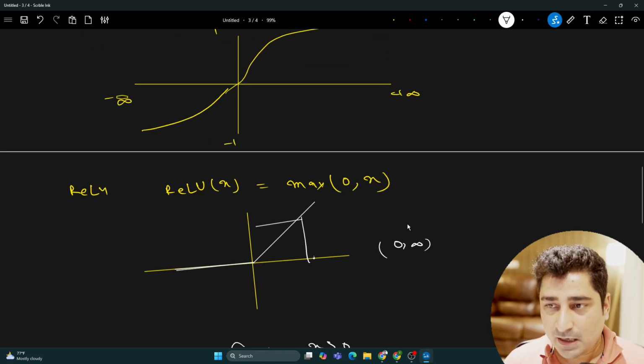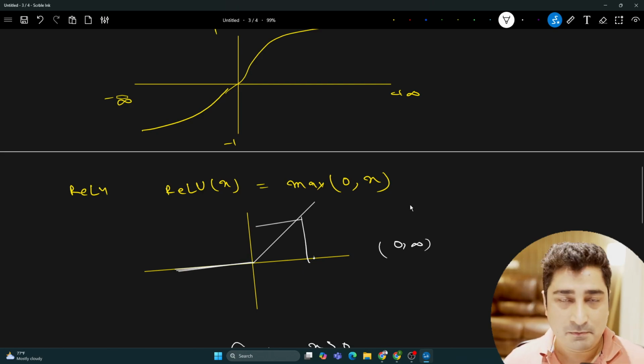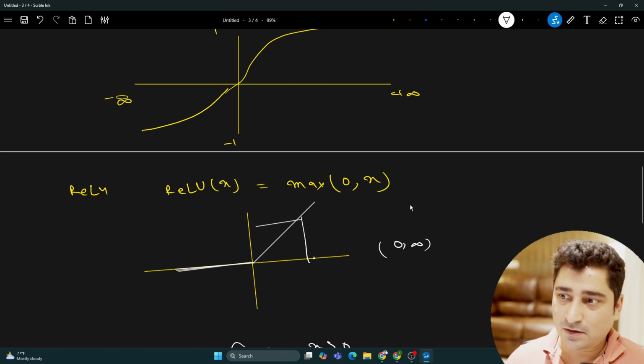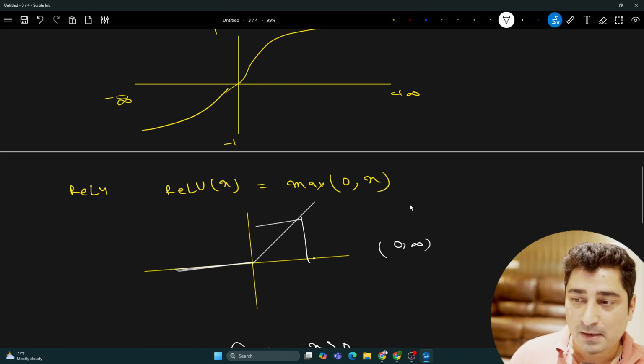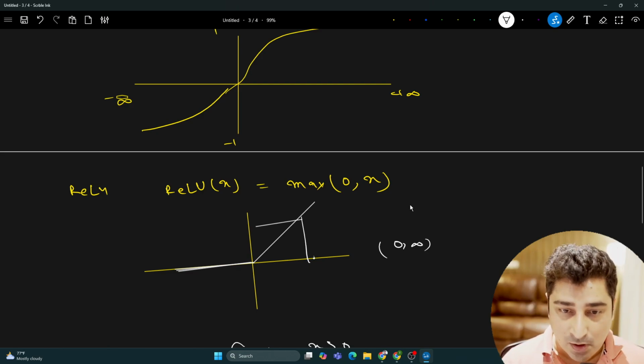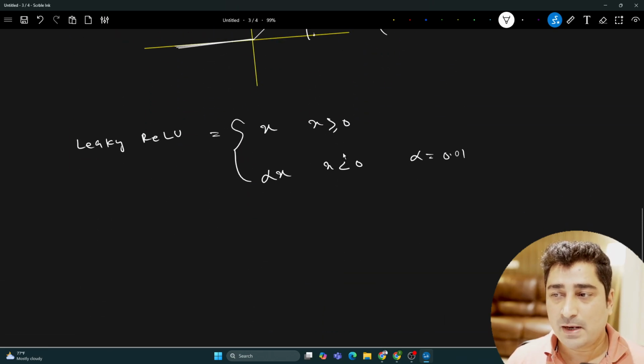In the case of ReLU, for any data lesser than 0, meaning negative data, it was making my neurons absolutely dead, giving me 0. If I enter -10, obviously it is going to be 0. If I enter -10 million, it gives me 0. So there was a problem of dead neurons with ReLU, which is solved by leaky ReLU.